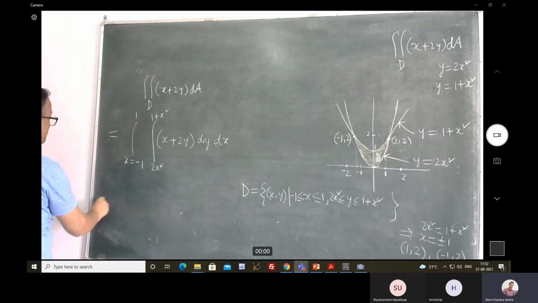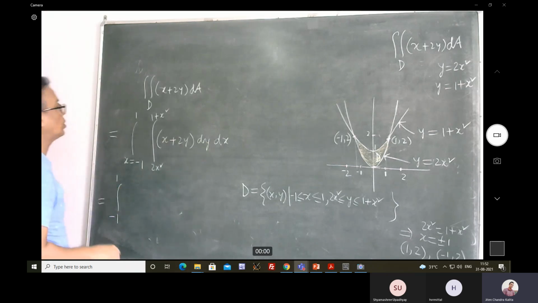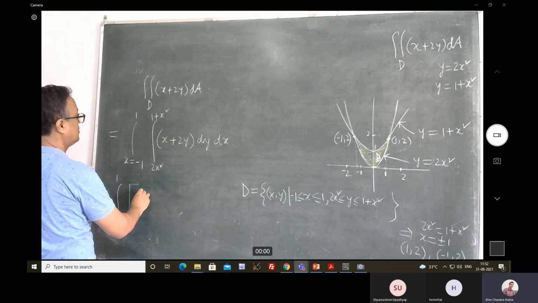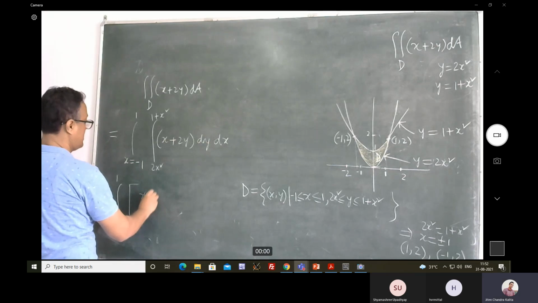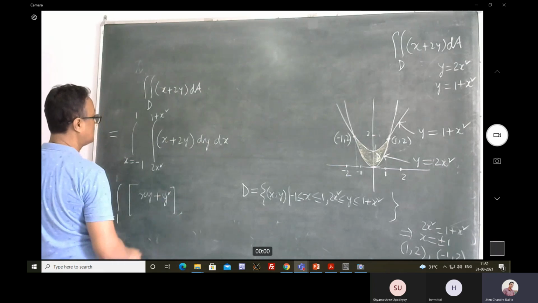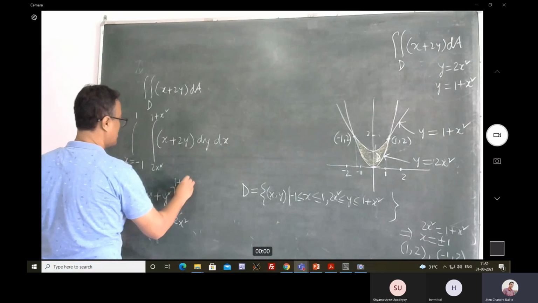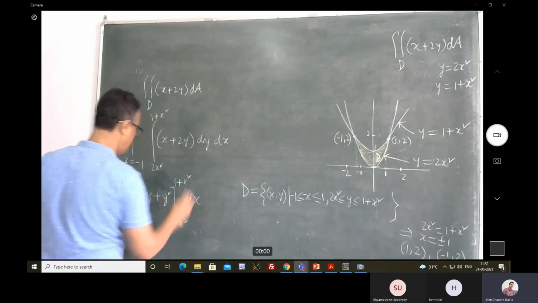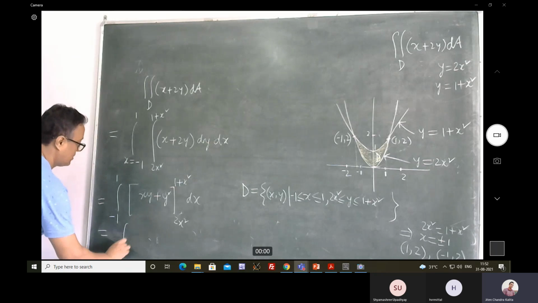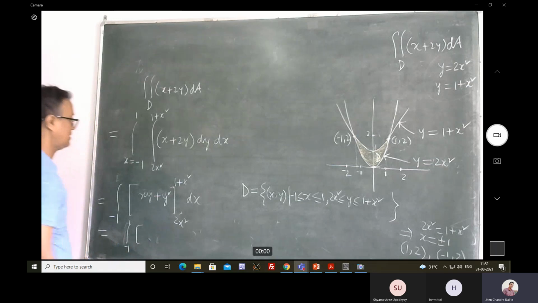So now I can simply write it like this: xy plus y squared, evaluated from 2x squared to 1 plus x squared, dx, from minus 1 to 1.